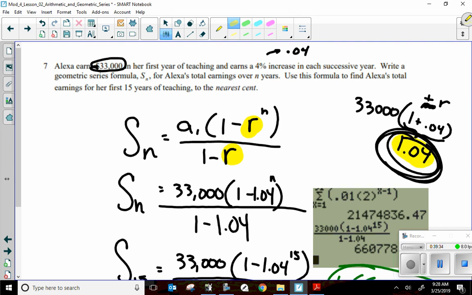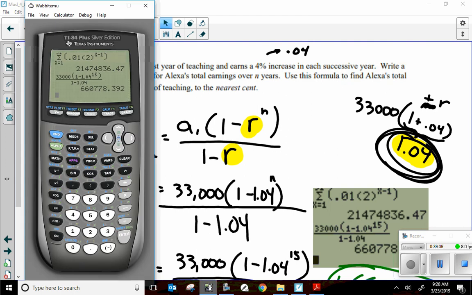If we just use 0.04, what should we earn? 33,000? That's 3,300 if I just multiply that times 0.04, I should say, that means the next year she would make $1,320. 0.04 is decreasing.